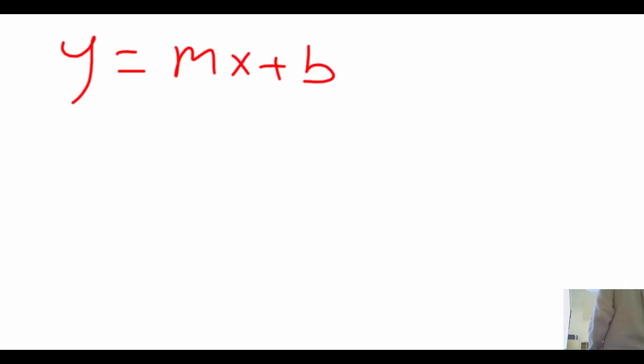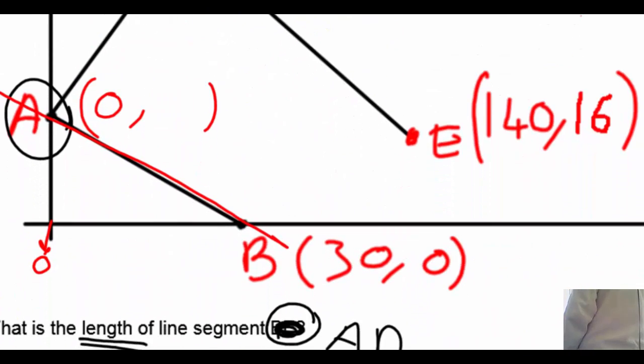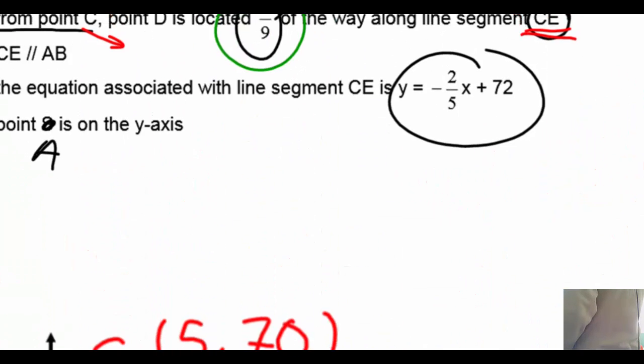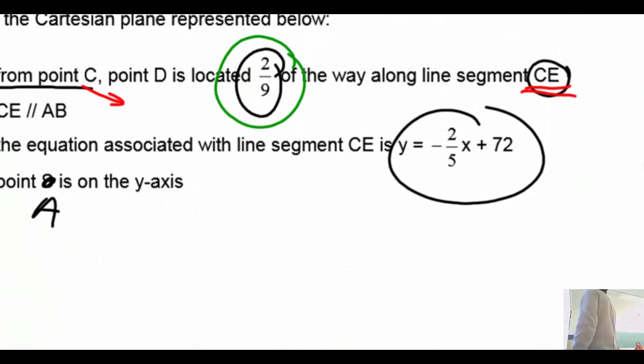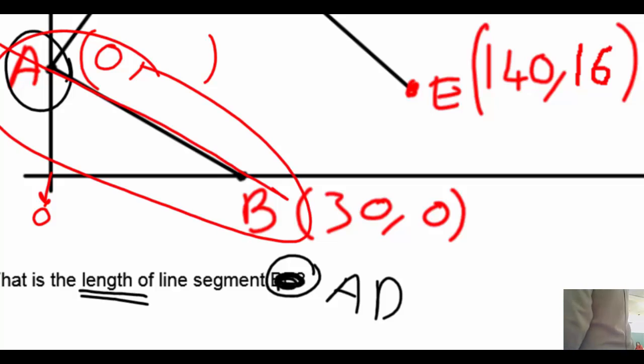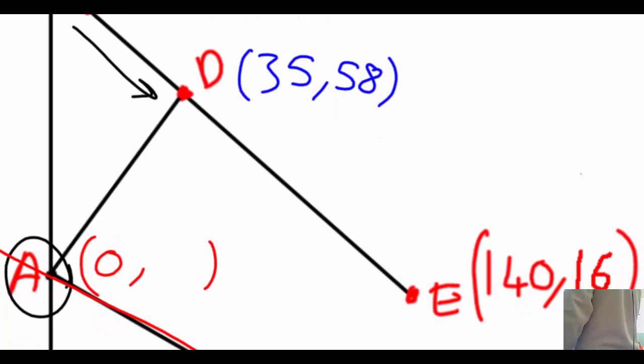If I know the equation, I'm going to replace x with 0, and that will give me the y. I will find out the y once I have the equation. But I don't have the equation. The question doesn't give you the equation. I do have the equation here, but that's not for AB. It is for CE.